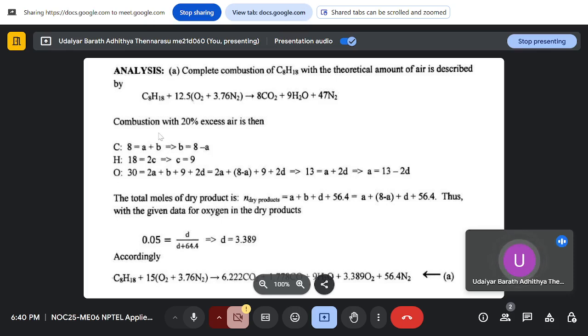So 30 on the left equals, on the right side, 2A for CO2, plus B for CO, plus C, which we found to be 9, for the water, plus some amount of leftover oxygen, 2D. So this comes out to be A equals 13 minus 2D.